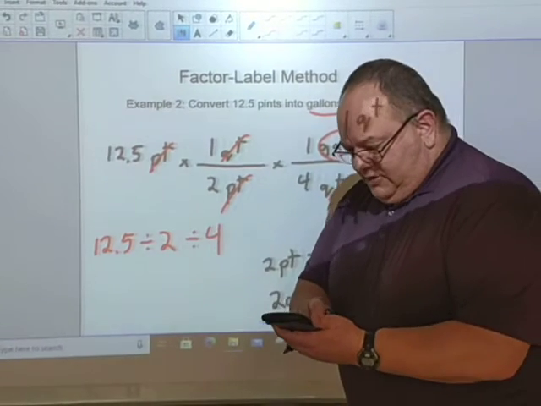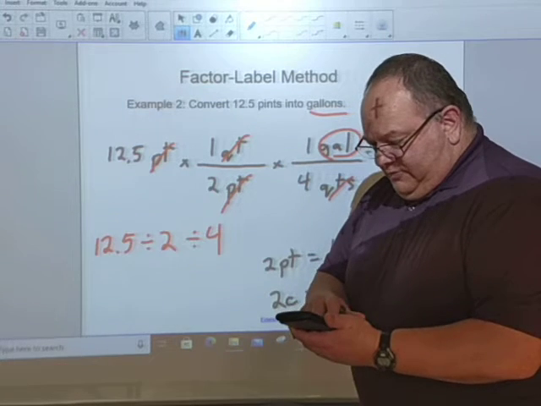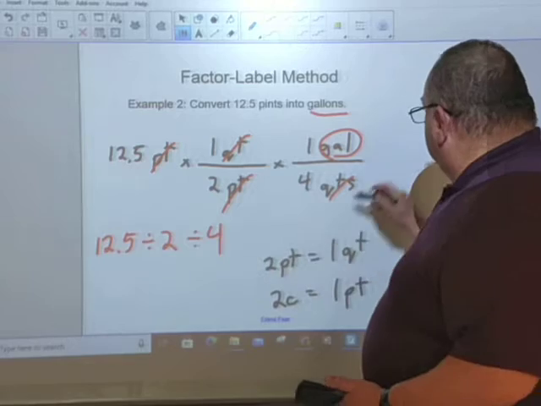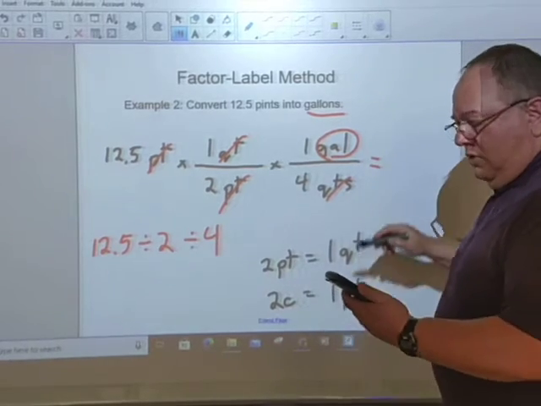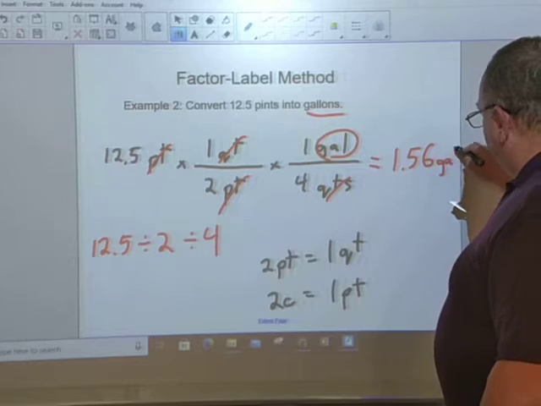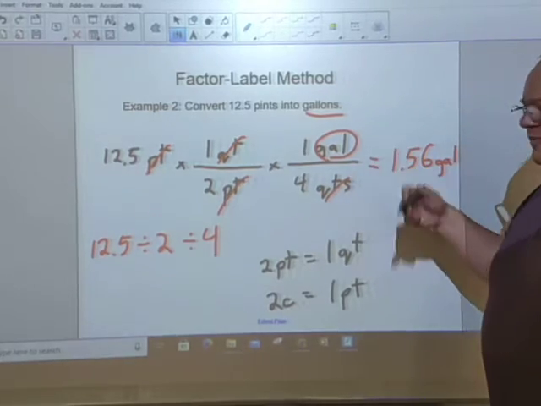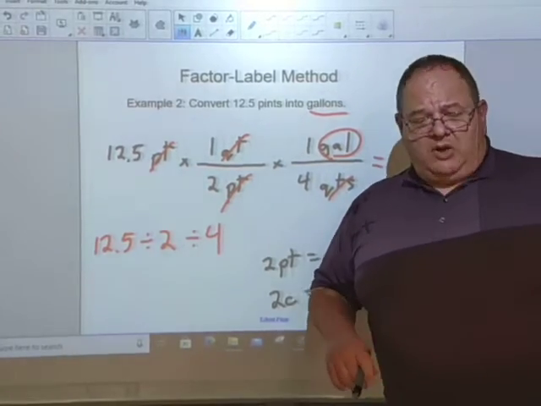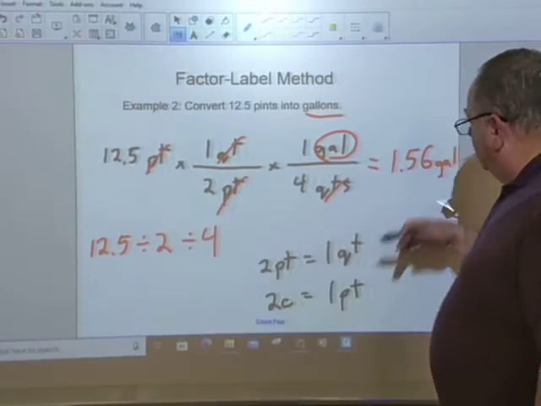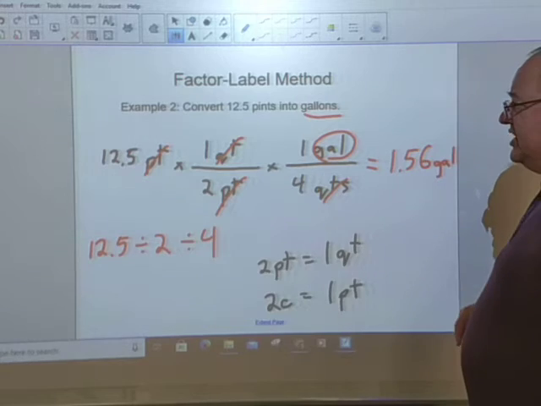Okay, 12.5 divided by 2 divided by 4 equals 1.56 gallons. There was a little bit more. We will talk about rounding rules in just a day or two. Right now, 3 or 4 digits is fine.